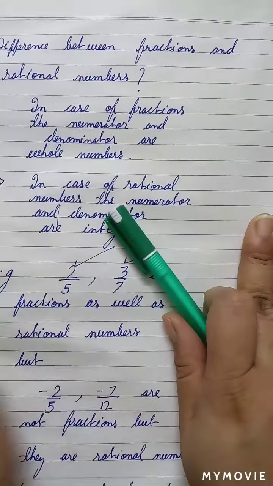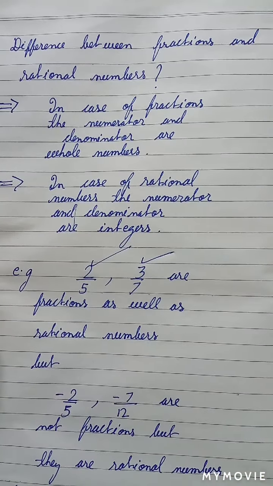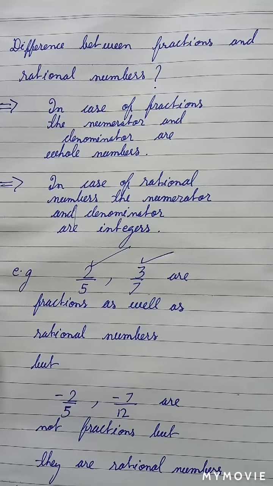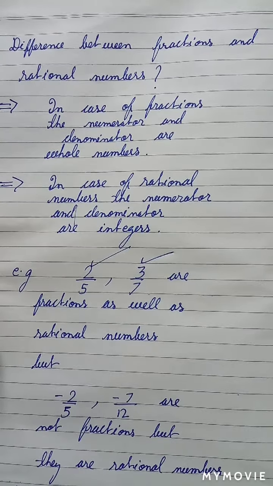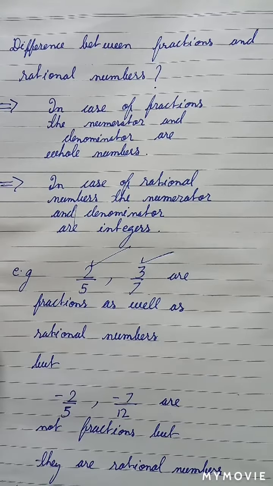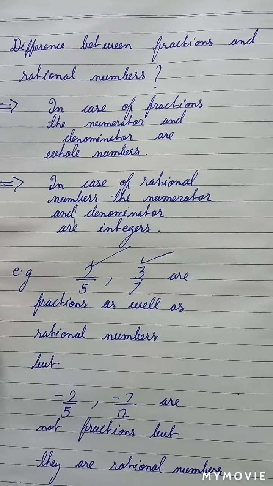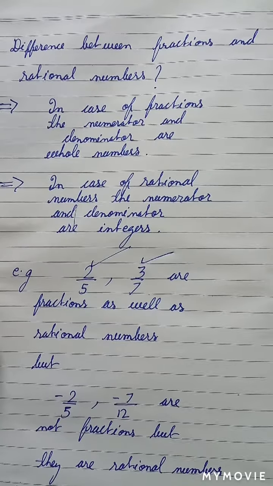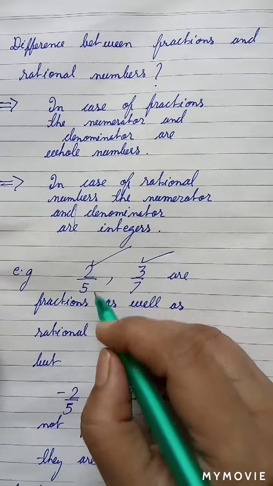Now let us understand what is the difference between fractions and rational numbers. Well, there is only one difference. In case of fractions, the numerator and the denominator are whole numbers, and in case of rational numbers, the numerator and the denominator are integers. Let's take the example of 2 by 5 and 3 by 7.